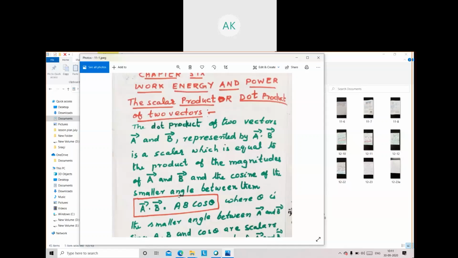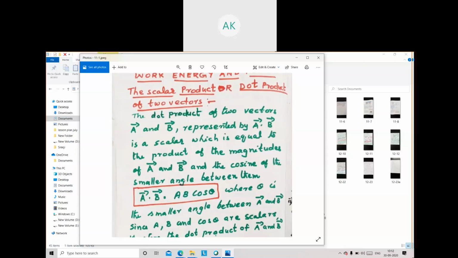In some cases we get a scalar quantity, in some cases a vector quantity. In this chapter we study that work done is the dot product or scalar product of two vectors, force and displacement. Before entering into that part, we should know what is meant by the dot product of two vectors, or scalar product.